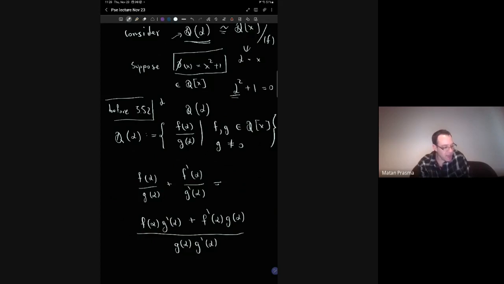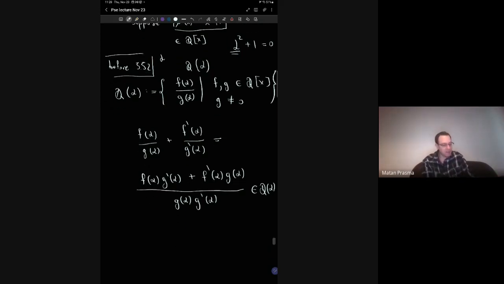And this is again a legitimate element in Q(alpha), because it's a quotient of two polynomials when you substitute alpha. And the multiplicative inverse of f(alpha) modulo g(alpha), you simply invert the order, g(alpha) modulo f(alpha). Of course, when you multiply these two together, you get 1.